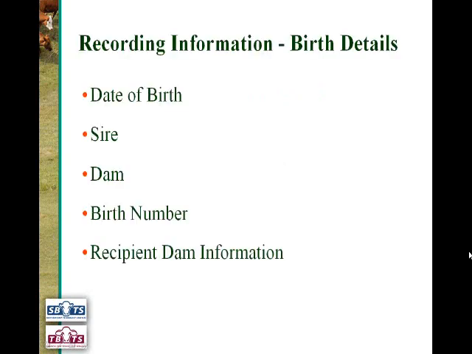To start off with, while not directly relating to the EBVs themselves, we're starting now at the birth, and there is some information that is required for not only the birth EBVs, but also all the other traits. So when you're looking at what information you need to record, the first point of call is the date of birth. When an animal is born, we require an accurate date of birth.